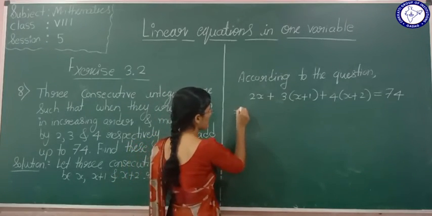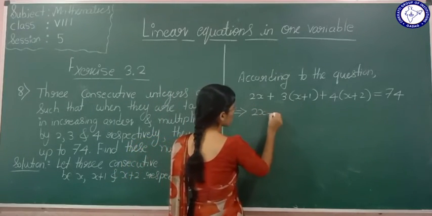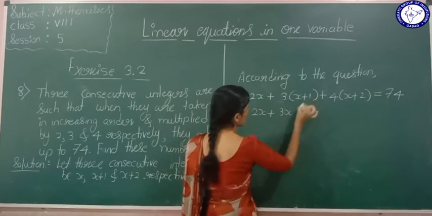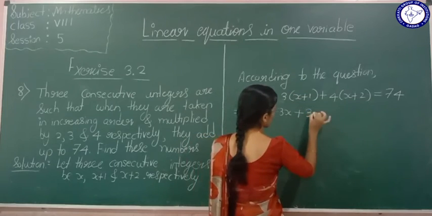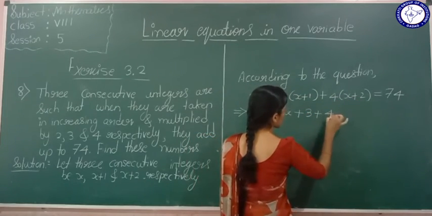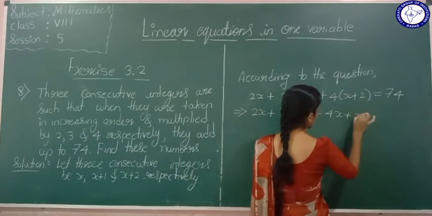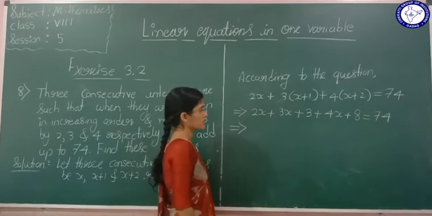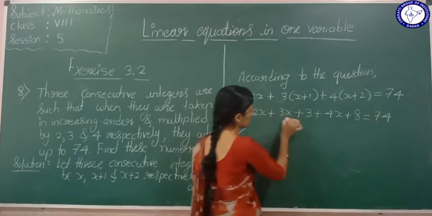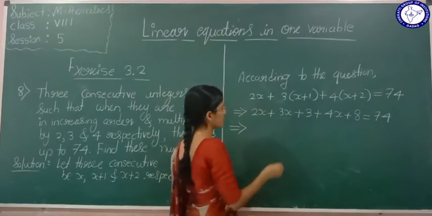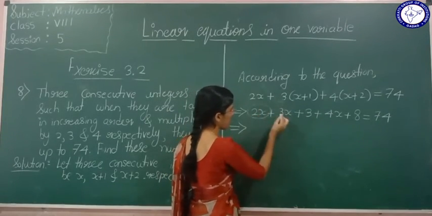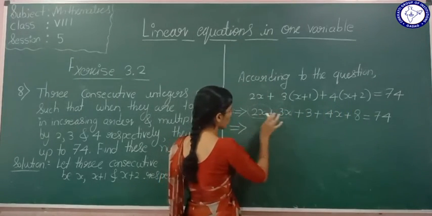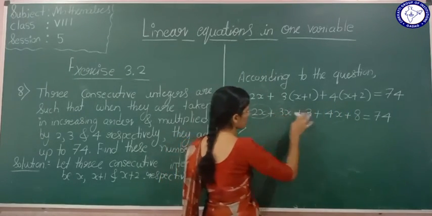See, this implies 2x plus 3x plus 3, since 3 ones are 3, plus 4x plus 4 twos are 8, is equal to 74. Now see here, like terms can be added in algebra. 2 plus 3 is 5, 5 plus 4 is 9.